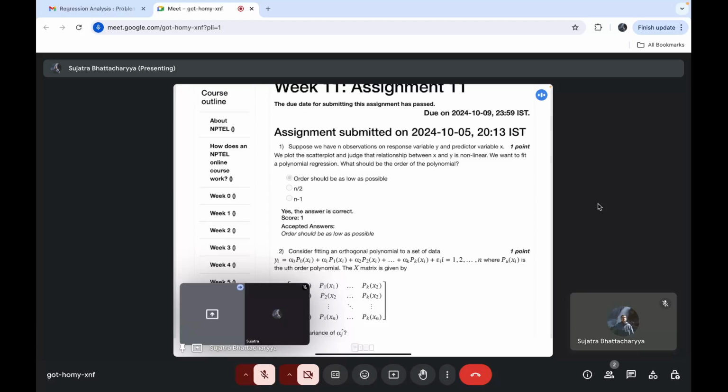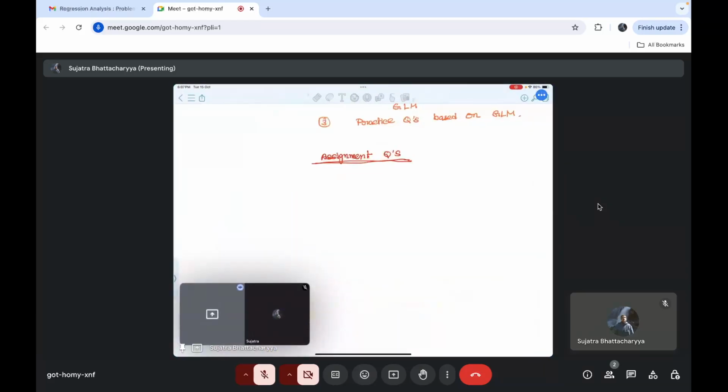As we discussed in the last lecture, the order of the polynomial regression should be as low as possible. So for polynomial regression, the order of polynomial should be as low as possible.